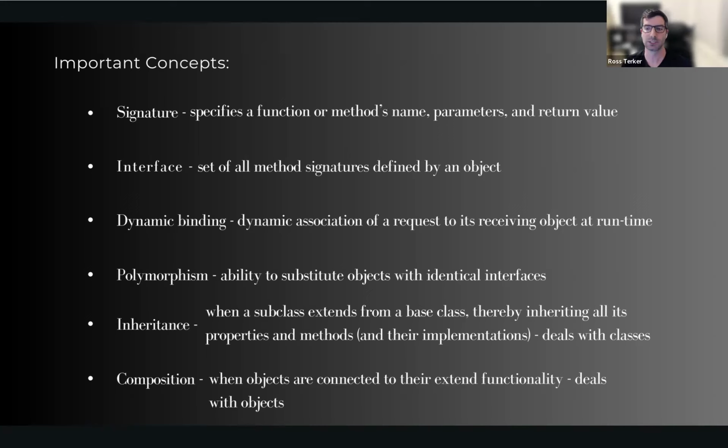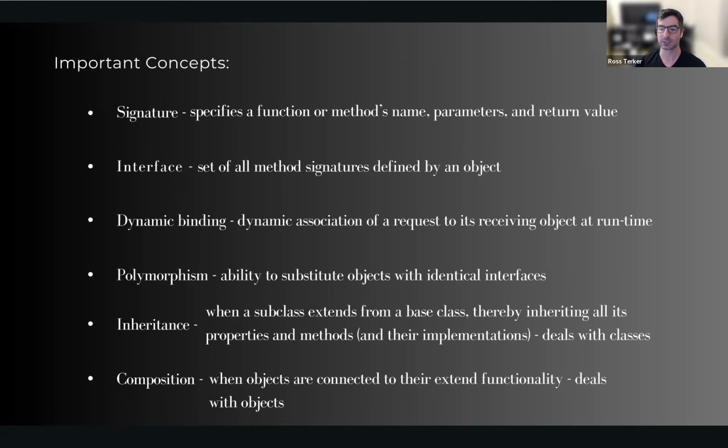Requests are sent to their receiving objects at runtime, at which point the request becomes associated with the receiving object. This is called dynamic binding. That is, the association happens at runtime dynamically. What this means is that the operations that act on the incoming requests are not chosen until runtime.